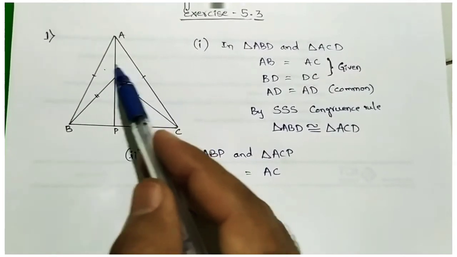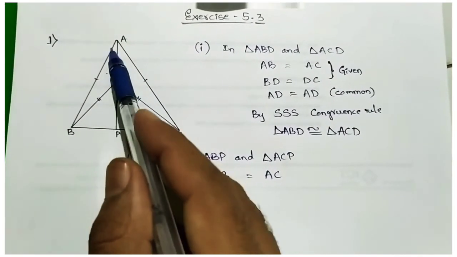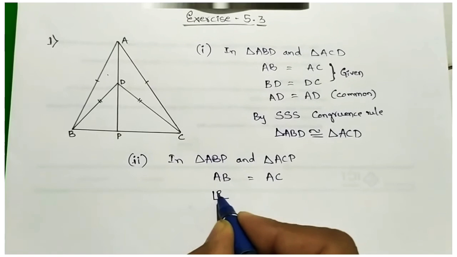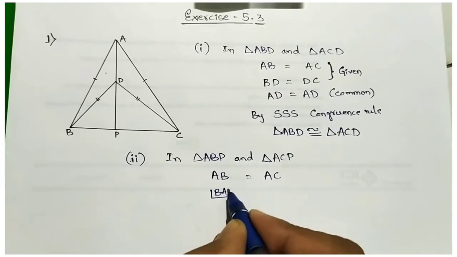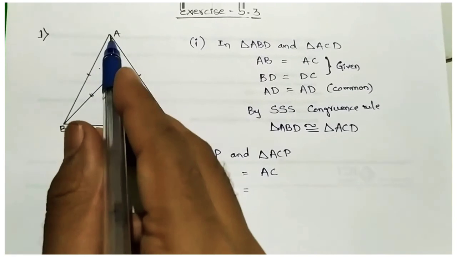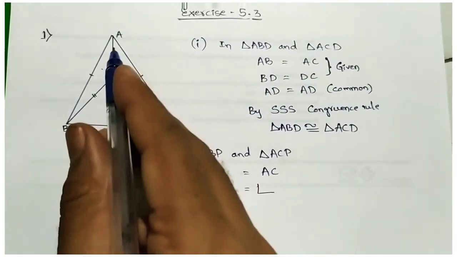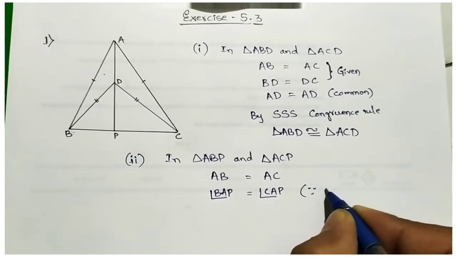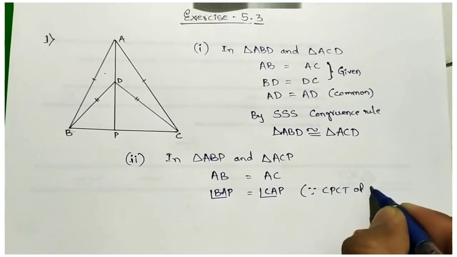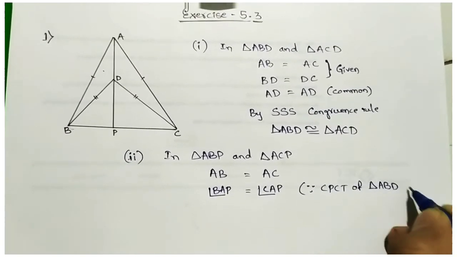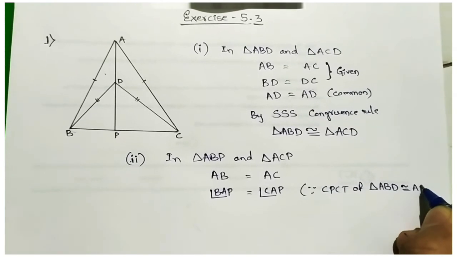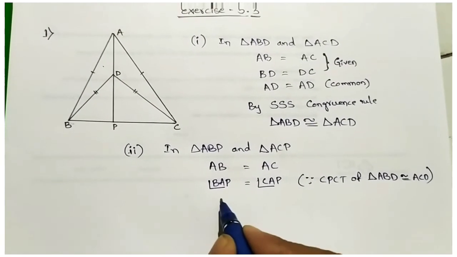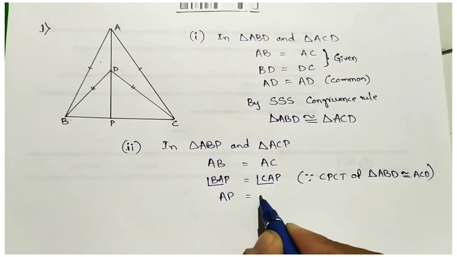These two small triangles are congruent. If they are congruent, then their corresponding angles will be equal. So angle BAD, instead of D I will take P, angle BAP equal to angle CAP, because of CPCT of triangle ABD congruent to triangle ACD. So another thing common, which is AP, is the common side.